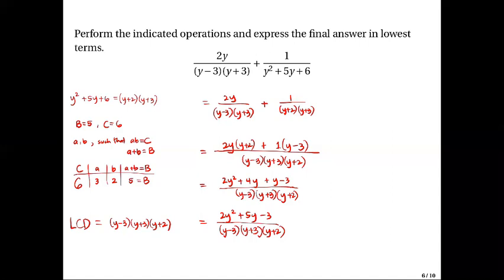Remember again the method for factoring a general quadratic expression. So this time you have capital A. Let me write the expression: 2y squared plus 5y minus 3. So in here, you have capital A equals 2, capital B equals 5, capital C equals minus 3. So capital AC, this is minus 6.